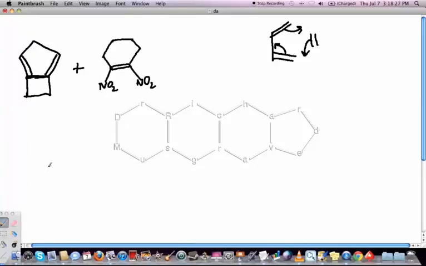Alright, again, we're going to do it the same way as we did the previous one. So I'll set this up in the fashion I've got over here. And again, I will draw it so that the main part of the dienophile is pointing away from the diene.